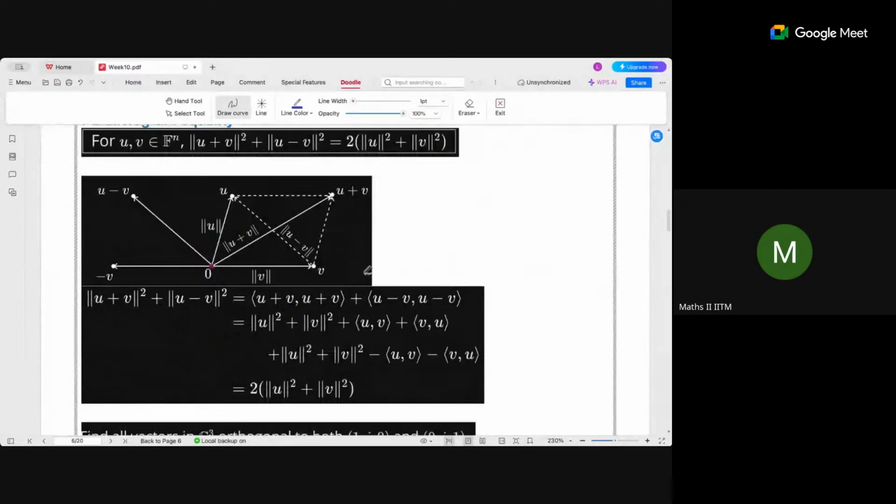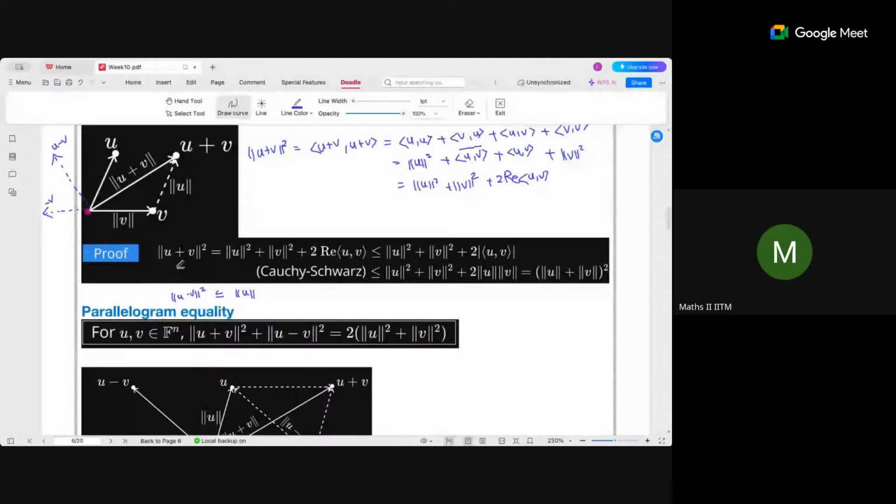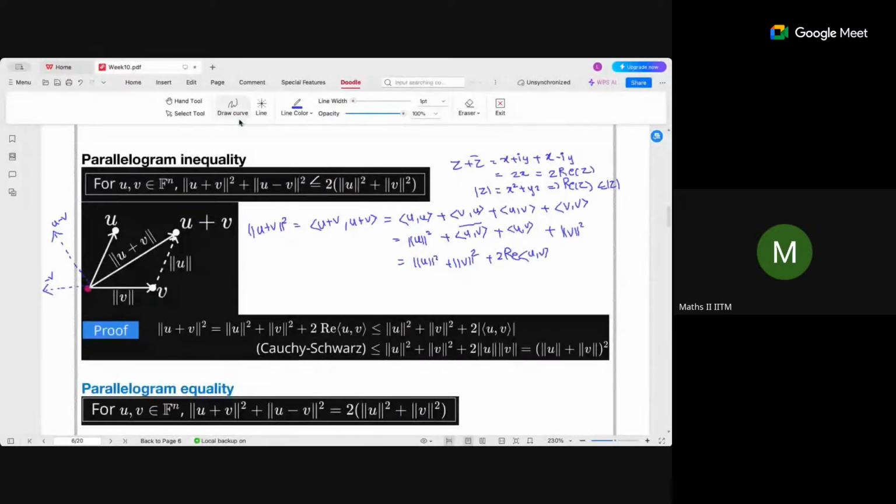What did we miss? Here we have only proved that norm u plus v whole square is less than or equal to norm u plus norm v whole square. Only this part is done, but this is the proof of something else, right? This is the parallelogram inequality we have mentioned.